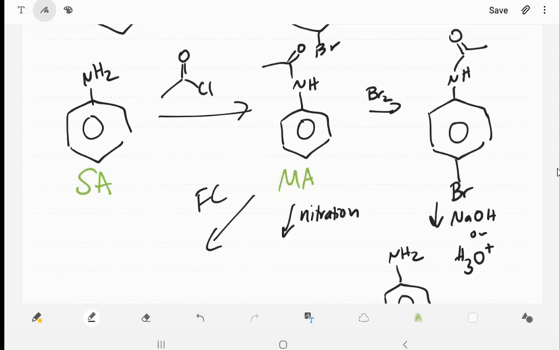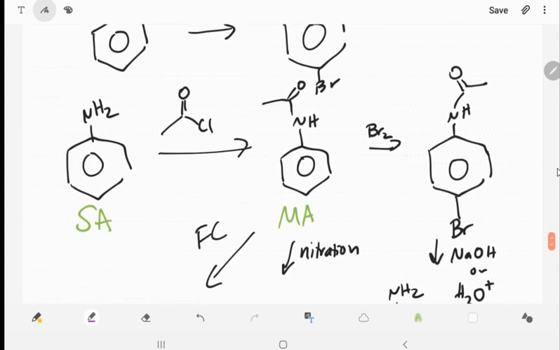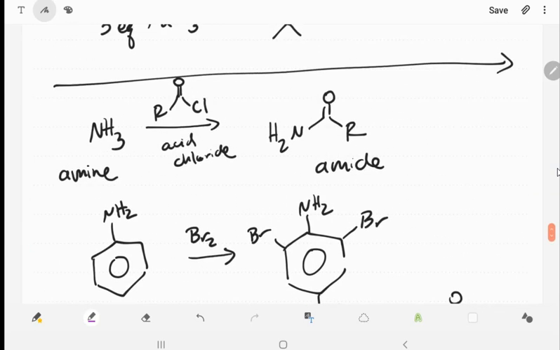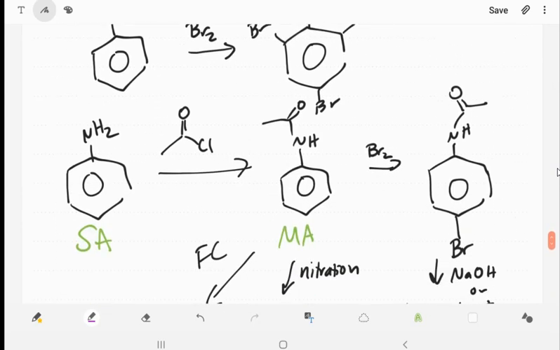So you can now do all your Friedel-Crafts and nitration all you want, and then you can just wash off your acetyl group, and you'll end up with your amine. So you can protect it. It's just making an amide, so there's not really a name for it. But in this case, we're using it as a protecting group.